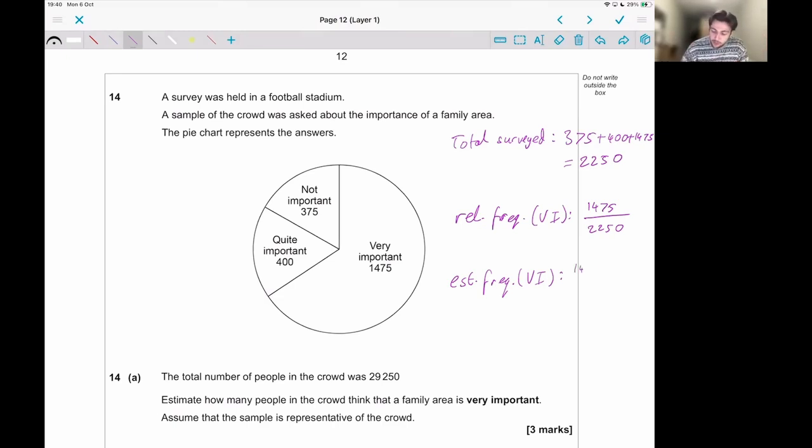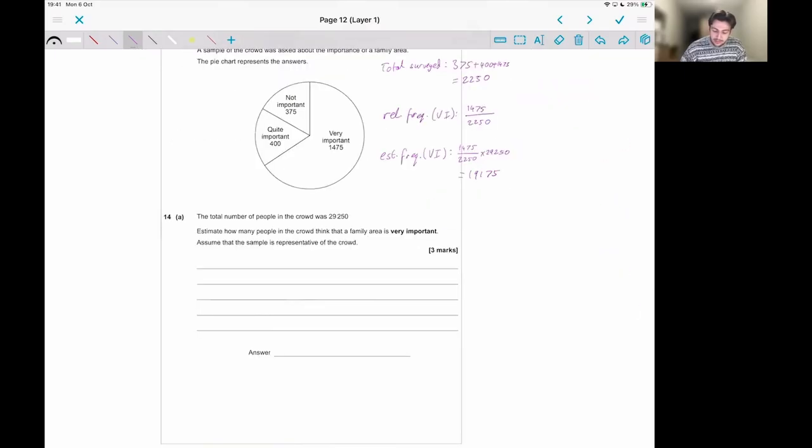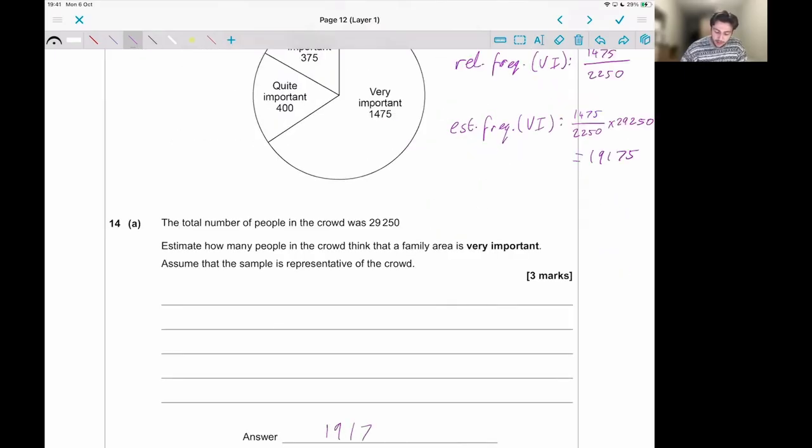So we do 1475 over 2250, and we multiply that by the new total, which is 29250. Type all of that into a calculator, and we get 19175. And that will be our answer. So 19,175 people is what we estimate.